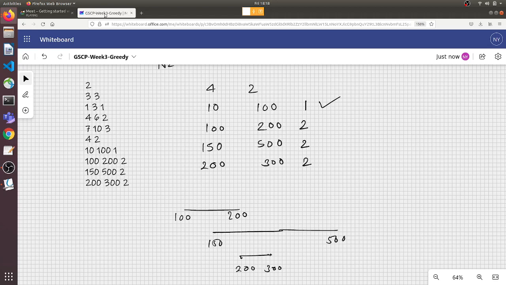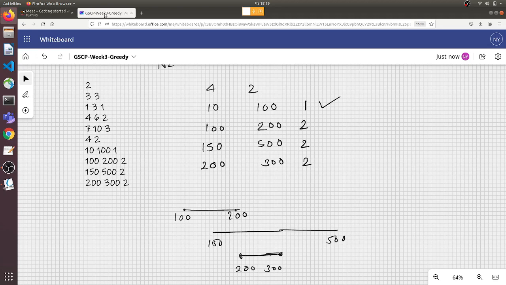So how many customers can be served by counter 2? If we choose the first customer, then we cannot choose the second one because they are overlapping, but we can choose the third one. So if we choose first and third, we can serve 2 customers.